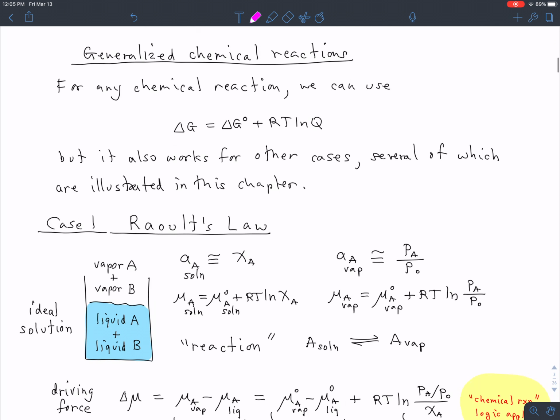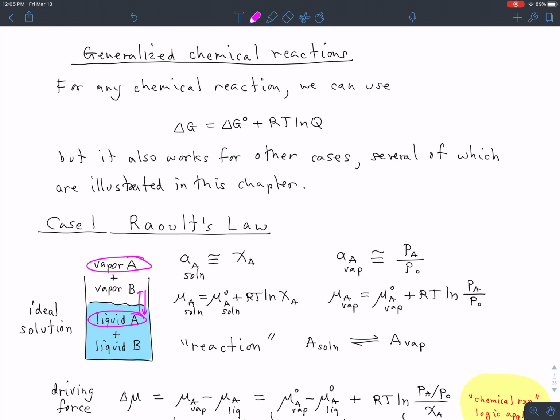All right, we also then talked about the fact that for an awful lot of cases, it's possible to derive the conditions of equilibrium and all kinds of useful rules by thinking of the case as a chemical reaction. So for Raoult's law, we think of there being an equilibrium between, say, substance A in the liquid and vapor phase. We think of it as being a reaction.